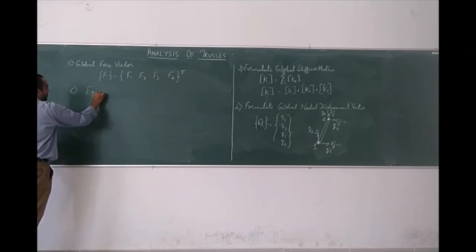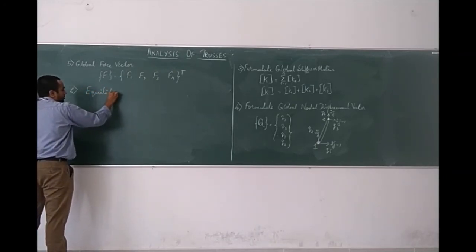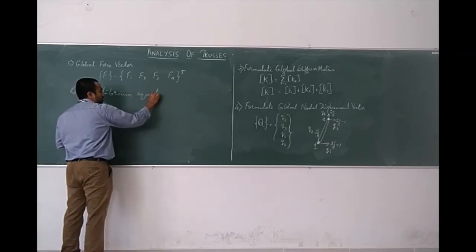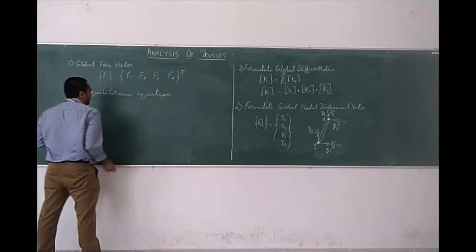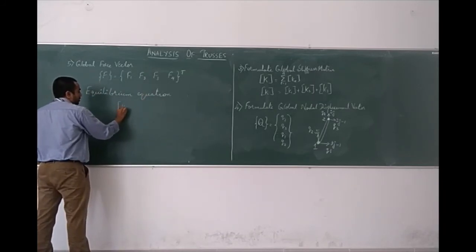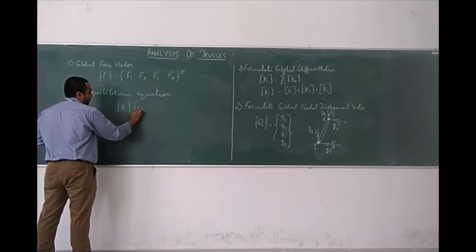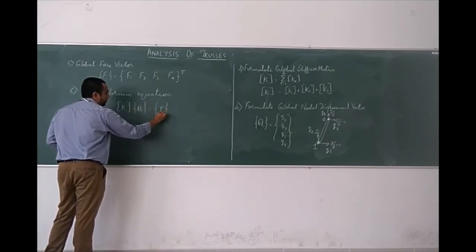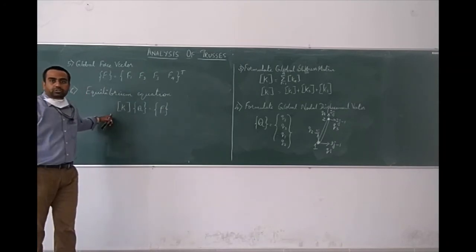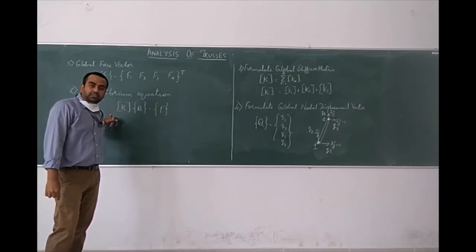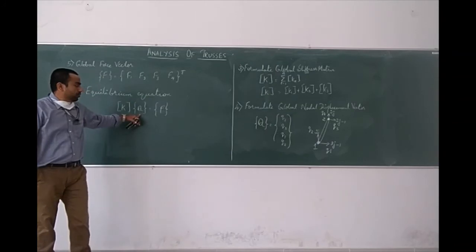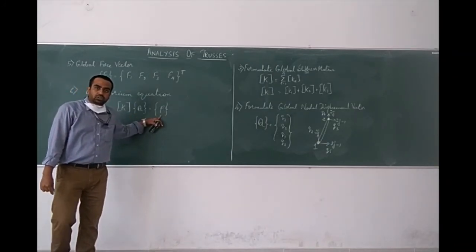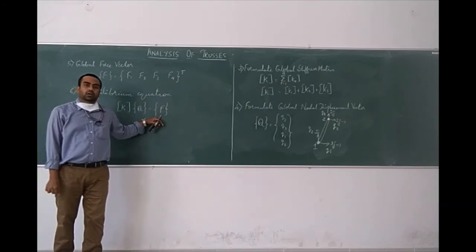The equilibrium equation is given by K into Q is equal to F, where K denotes the global stiffness matrix, Q denotes the global nodal displacement vector, F denotes the global force vector.